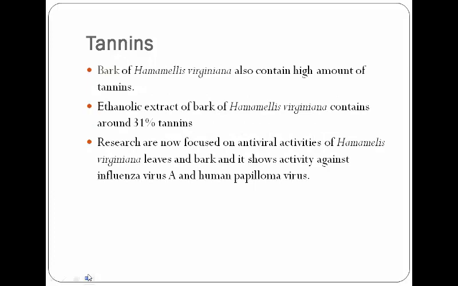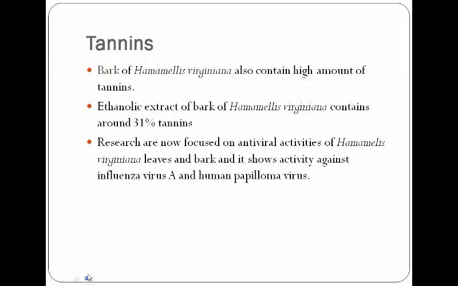Not only the leaves, studies are continuing on the bark of Hamamelis virginiana, and the bark also contains a rich quantity of tannins. Phenolic extract of the bark of Hamamelis virginiana contains about 31% of tannin.